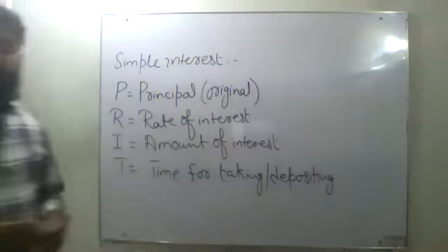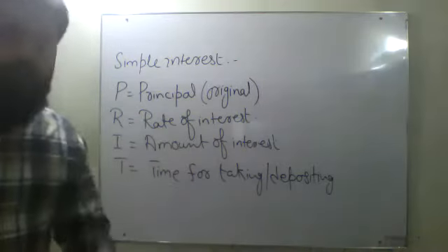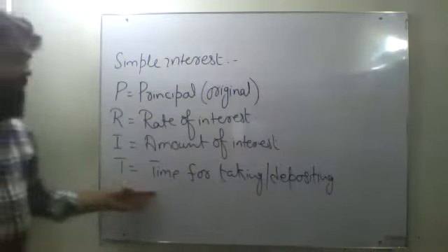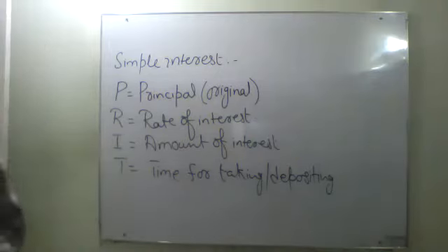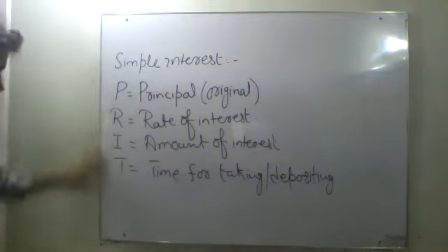For how long you have taken it or for how long you have deposited it, that will be considered in time. These are the four factors which are going to be connected for your simple interest.